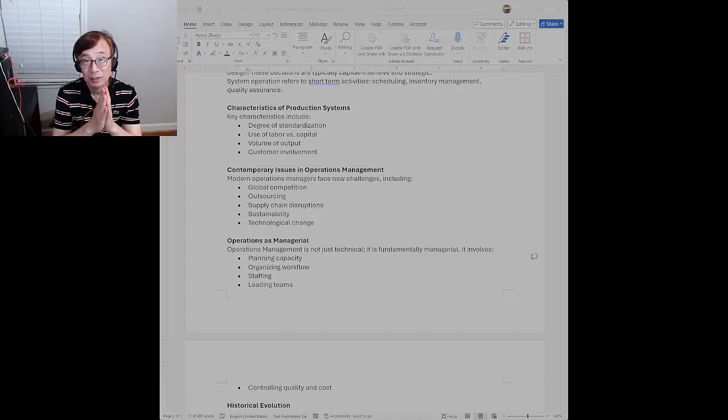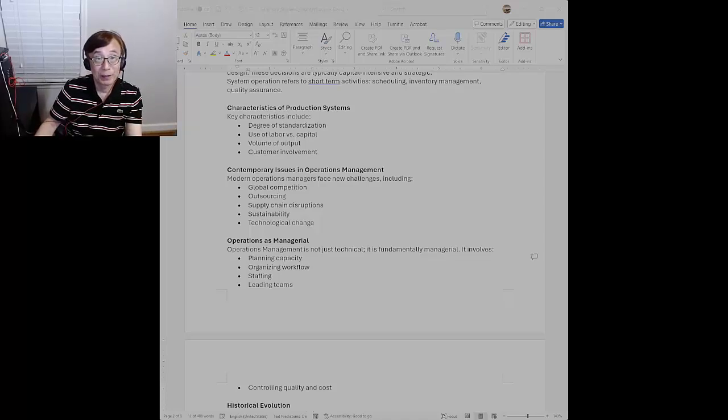So of course there are some technical or quantitative issues, but many of those things are managerial, meaning that you need to make decisions that sometimes may not be really clear cut. So it can be pretty much unstructured decision making, as they call it. There are no best answers, but we're trying to maximize or minimize, depending. So that's the managerial side of operations management.